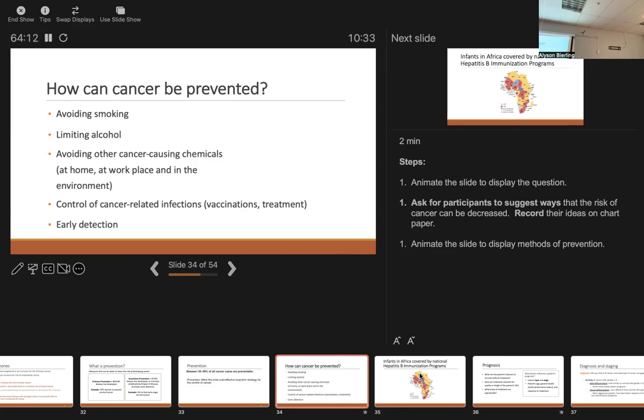If we detect that at that stage, we're able to eliminate those abnormal cells before they develop into cancer. We are able to do that with cervical cancer.